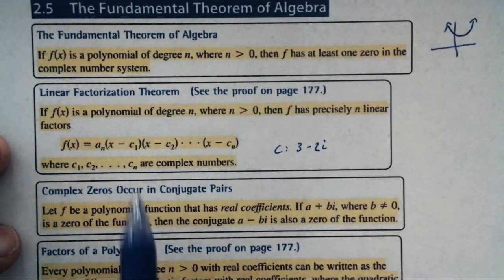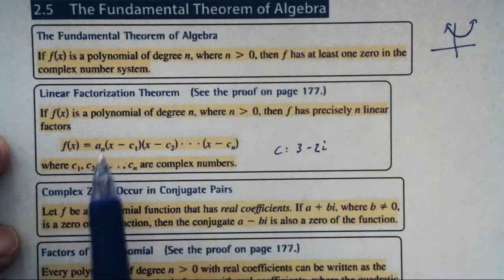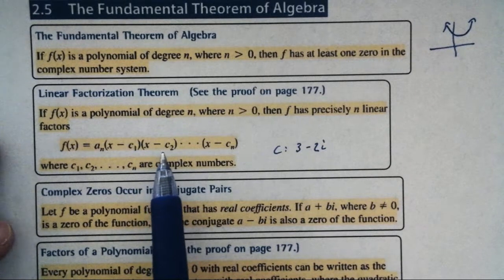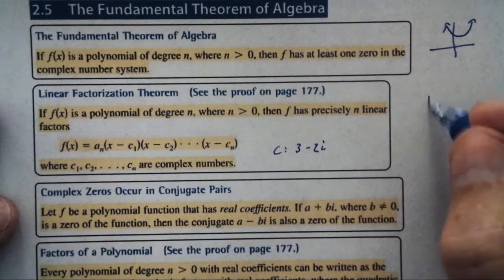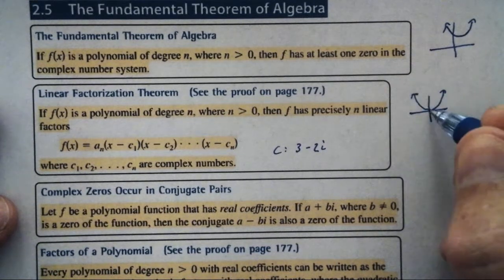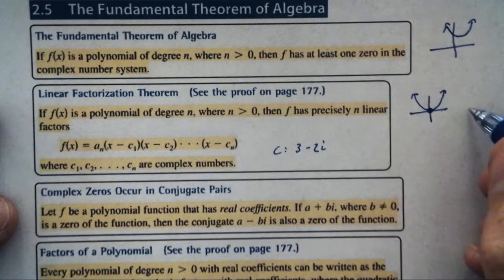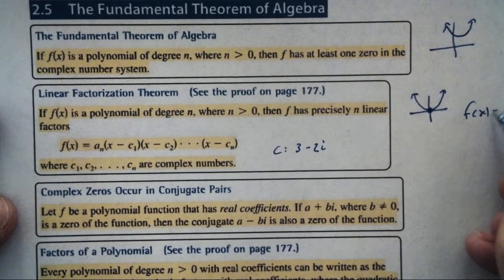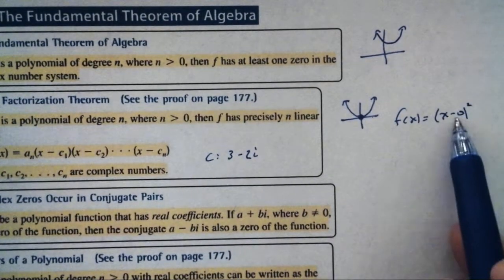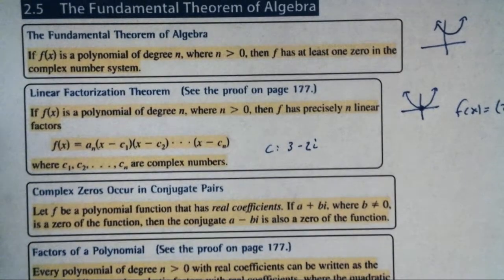What that's telling us truthfully is that there are not just at least one, there are exactly n zeros, assuming that we can count, for instance, this graph right here, y equals x squared, has two zeros if we count this as a double zero. It's a zero twice. In other words, this could be f of x equals x minus 0 squared. So we would say that 0 is a double zero. More to come about that topic.